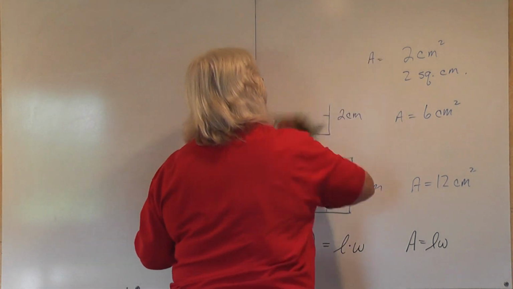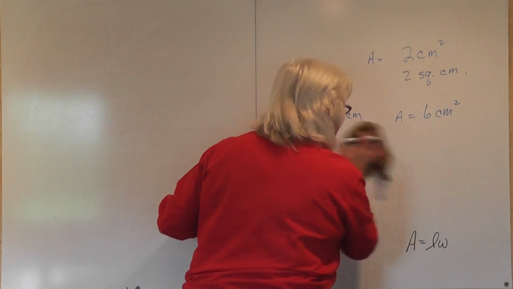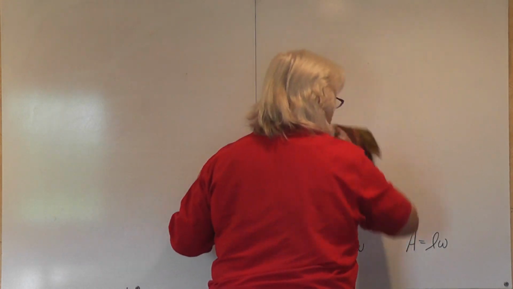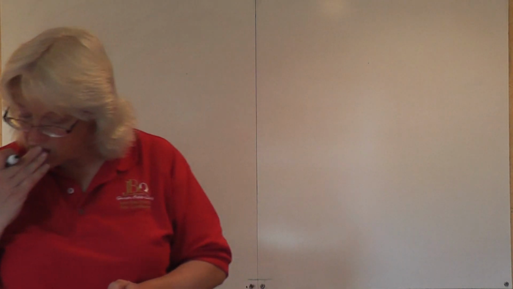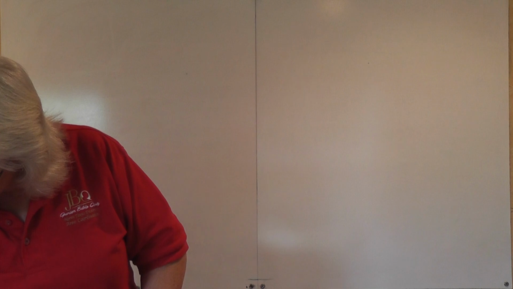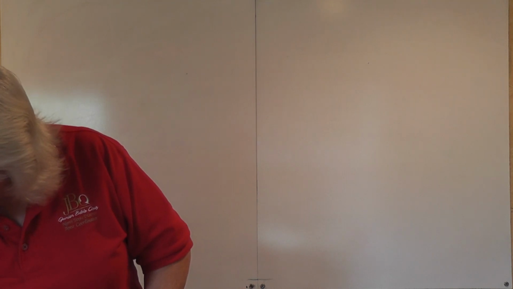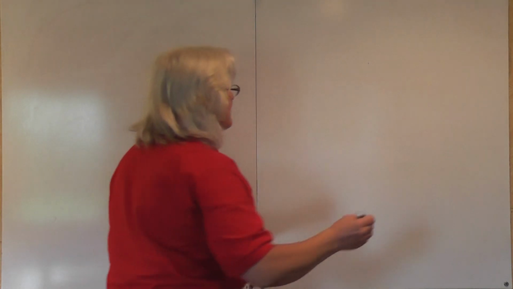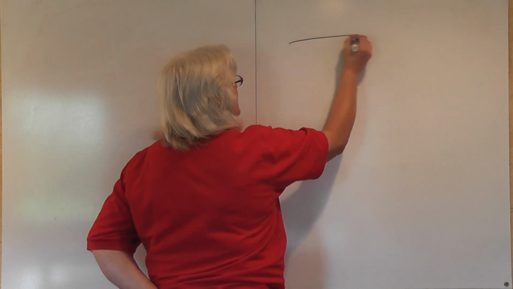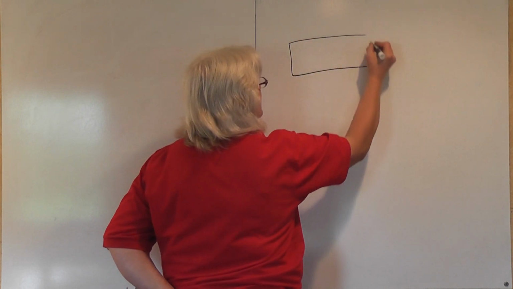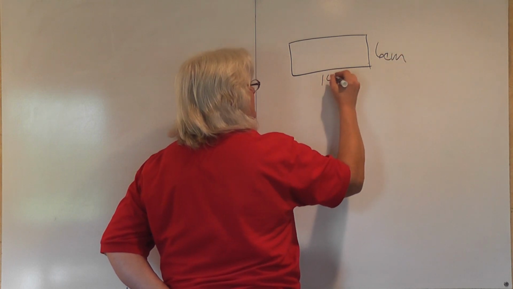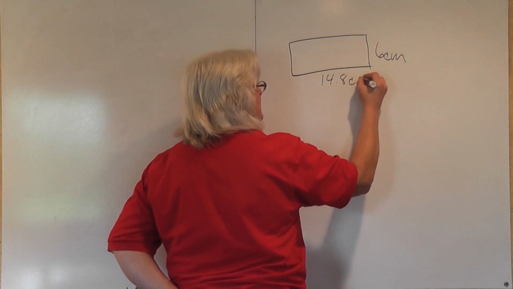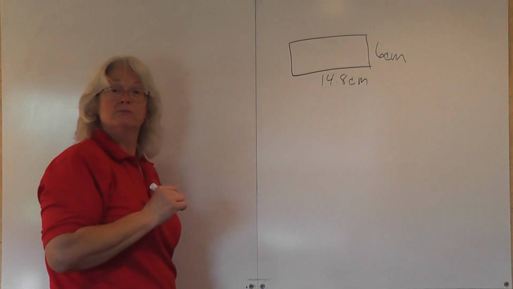So when you're doing your problems, and I say make sure you show your work, what's the very first thing that you're going to want to do? The very first thing that I want you to do is write that actual formula out. We have a problem that says find the area of the rectangle. And you have this picture here. And it says 6 centimeters and 14.8 centimeters is our picture.